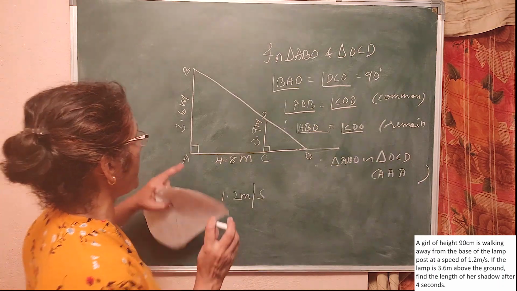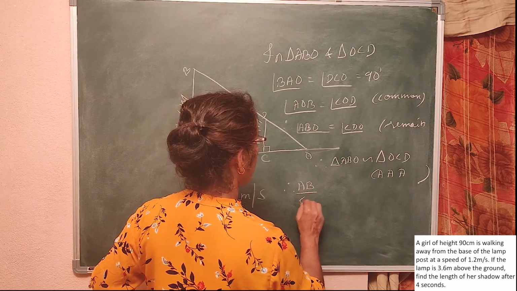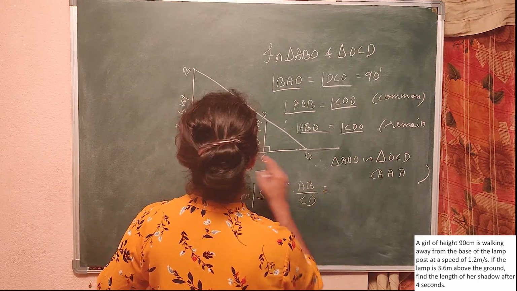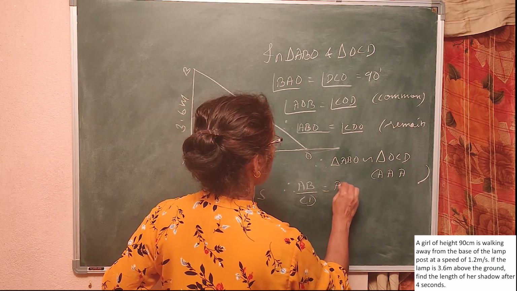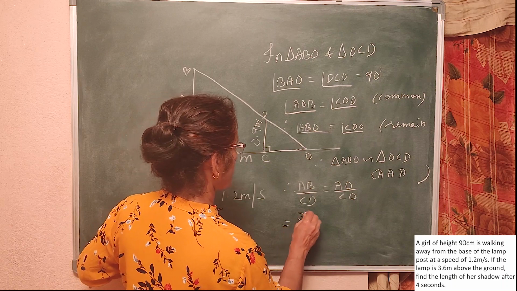Now, whenever they are similar, corresponding sides are proportional. So, what can I say? Therefore, AB by CD is equal to AO by CO. So, what is AB? 3.6.